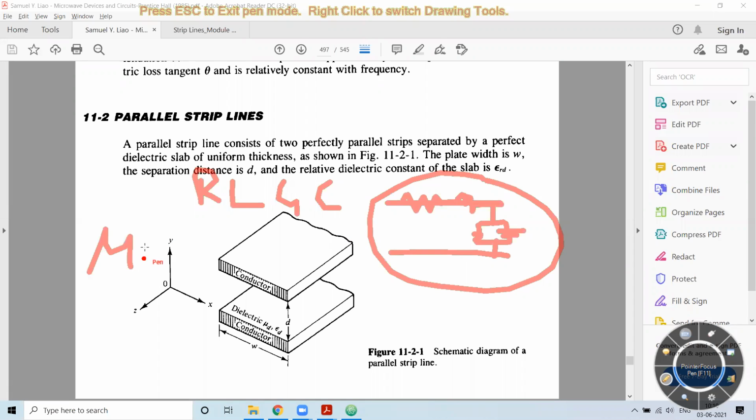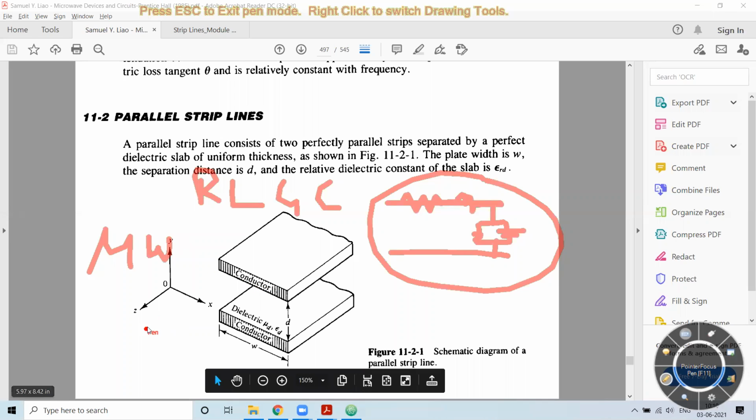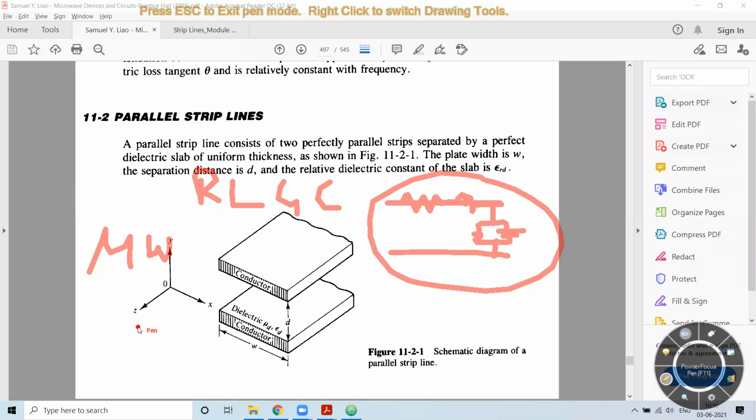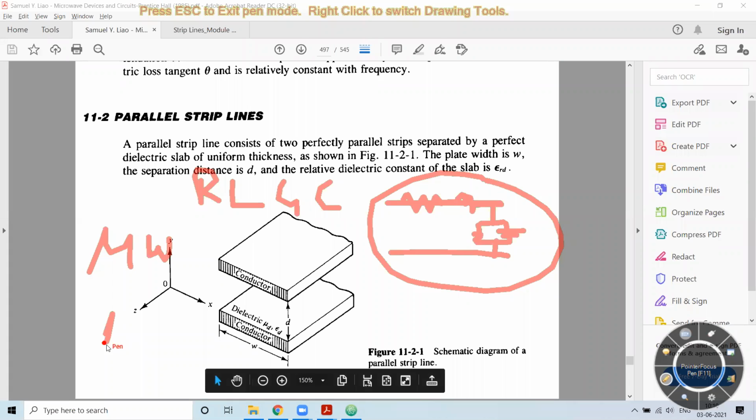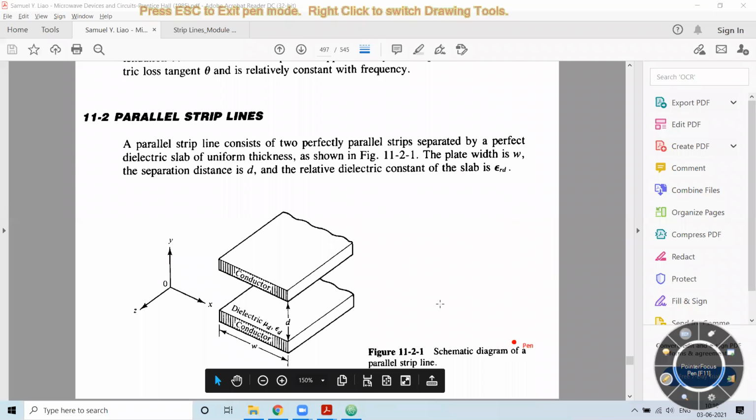Since we are dealing in the microwave range, in which the frequency is very high, what happens to lambda? Lambda is reduced, lambda will be less. So in that case, the length becomes very much greater than lambda. That is what we had observed in the previous sessions.